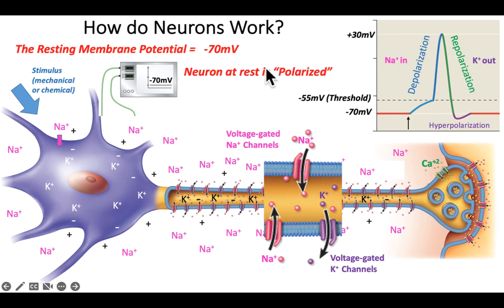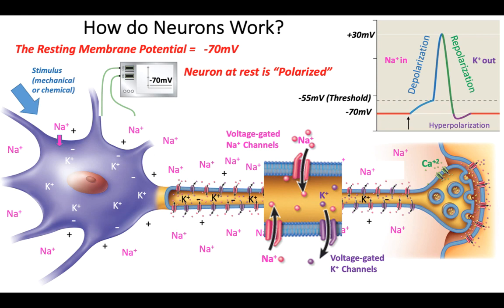That's going to be really important because we're going to use some terminology here, and you don't understand this terminology unless you understand why we call this resting neuron polarized. Now, we use that word a few times, right? You might think of the north and south poles of the earth. One's in the north and one's in the south, so they're completely opposite. That's why they're called poles. Sometimes we use polarized to explain when two people don't agree about something.